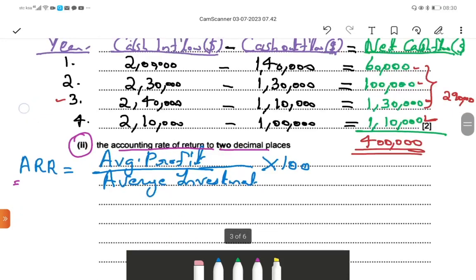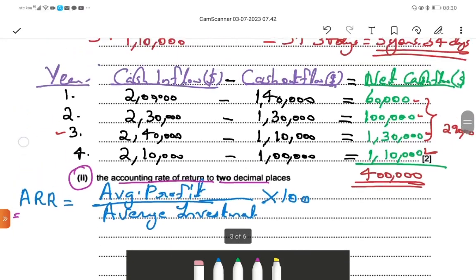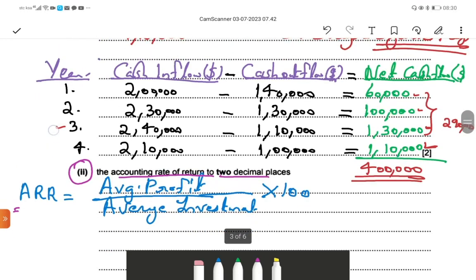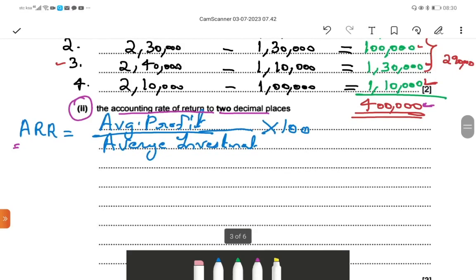Our total net cash flow is 400,000. So we have to find the average profit first.